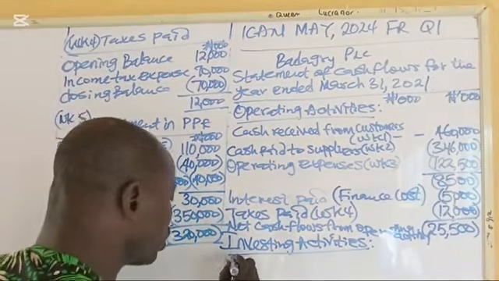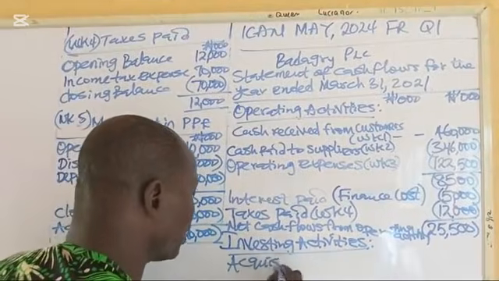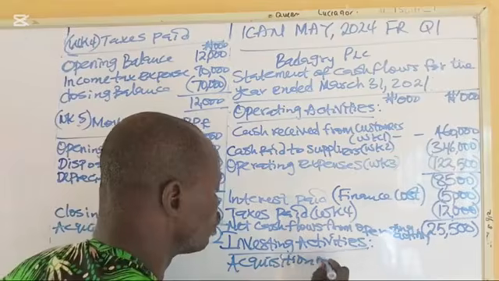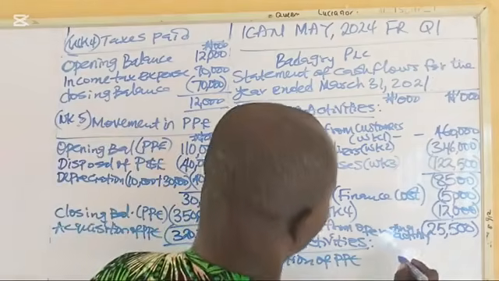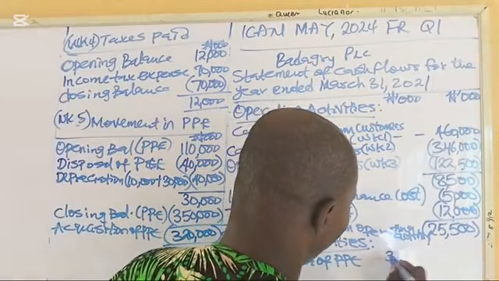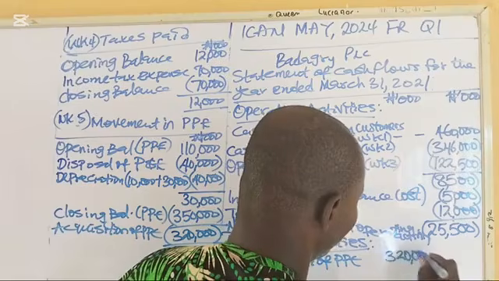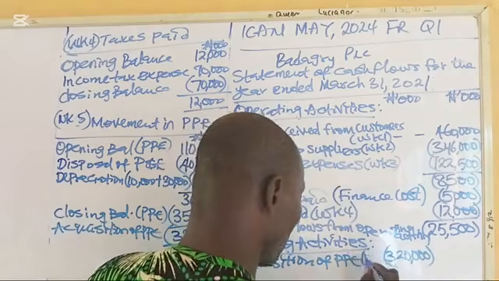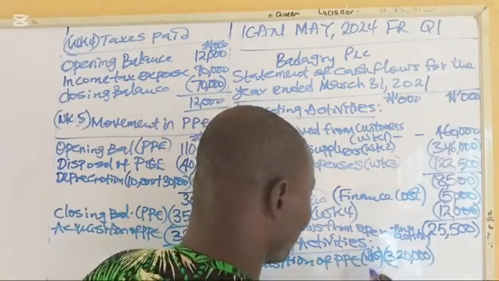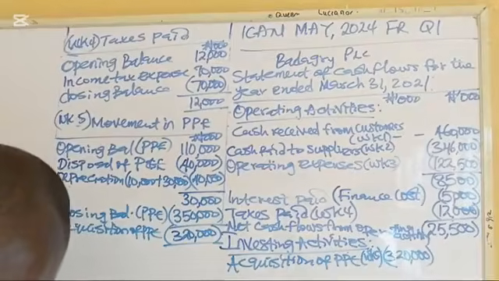You have acquisition or purchase of PPE, outflows of cash of 320,000. Outflows, that is working number 5. Working 5. Hope that is taken.